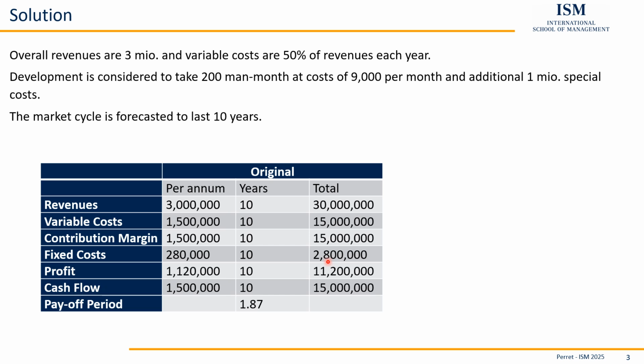If I take the 2.8 million, that's however something which occurs only once. So my development costs are the development costs based on the whole project, based on the whole product. So they are listed here with total costs. If I want to know how much of the fixed costs I would theoretically have per year, then I have to divide them by 10, giving me here the value per annum.